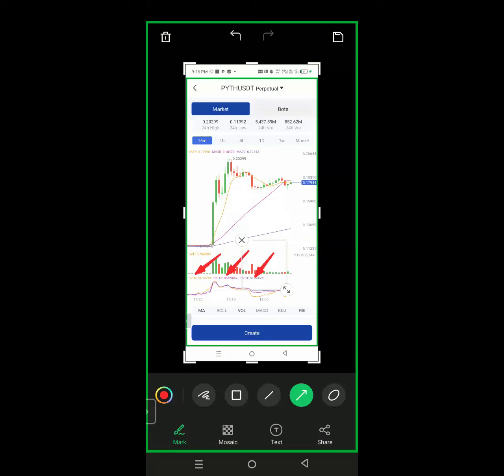I don't know if there is any other thing I pointed out. I said RSI 6 is the yellow line, RSI 12 is the pink line, and RSI 24 is the purple line.